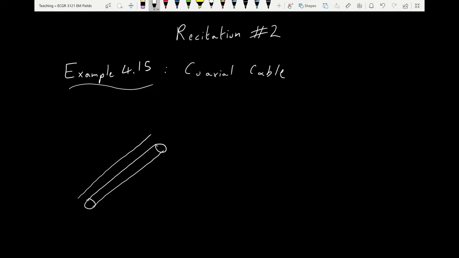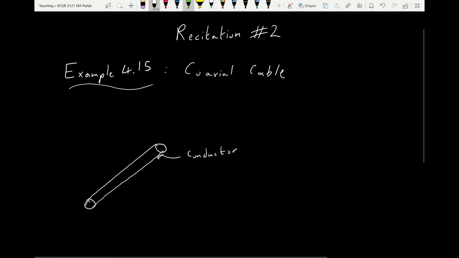Let me draw it this way. So there is a cylindrical shell conductor. So this is a conductor, inner cylindrical conductor shell, right? And let me draw the outer shell. The outer shell is like that, right?